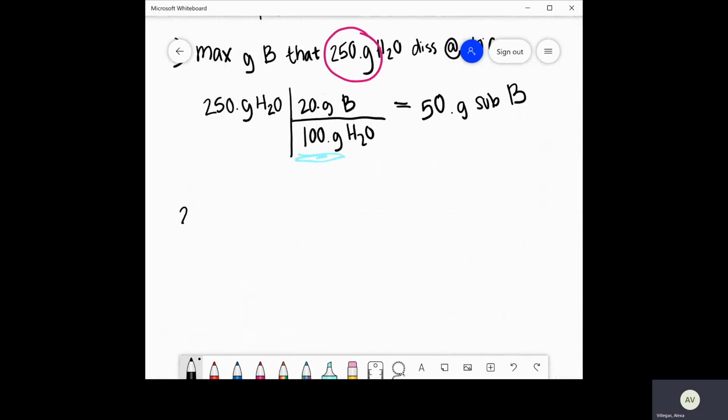The second part asks if 33 grams of A is added to 55 grams of water at 100 degrees Celsius, will substance A crystallize?